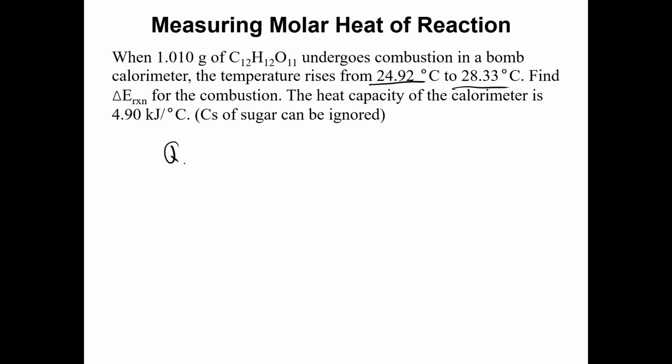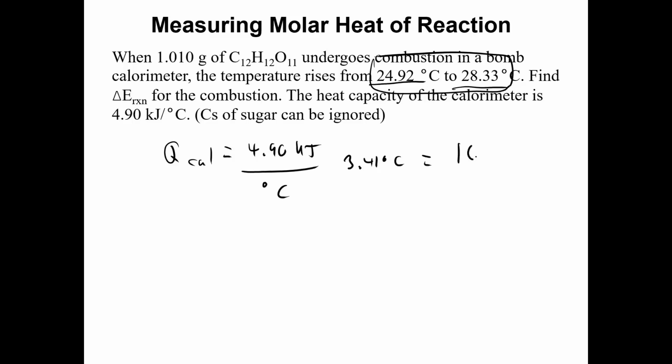So Q for the calorimeter is going to be equal to 4.90 kilojoules per degree Celsius. We take the difference in temperature there, which is just 3.41 degrees Celsius. We get 16.7 kilojoules.